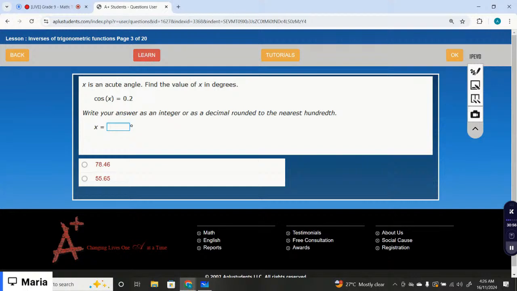You have to evaluate cos inverse 0.2. So cos inverse 0.2 equals 78.46. Option number 2 is the correct option.